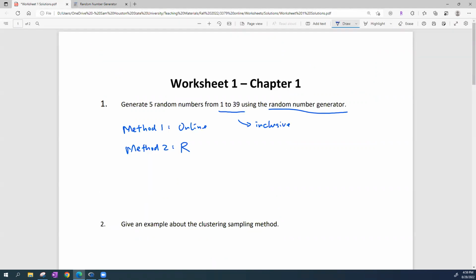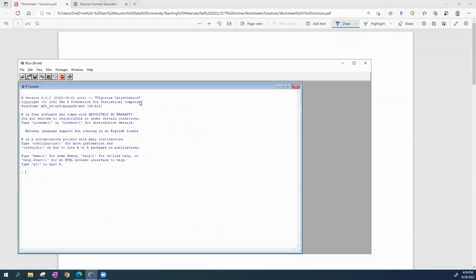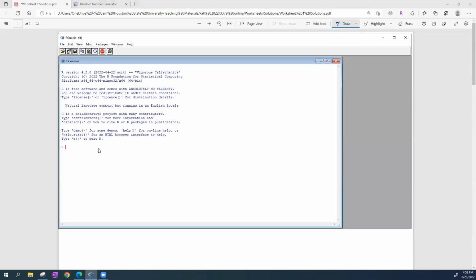Okay, so method 2, we also can use R, the calculator. What we need to do is type sample, open parentheses, from what? 1 to 39, and we want 5 numbers.